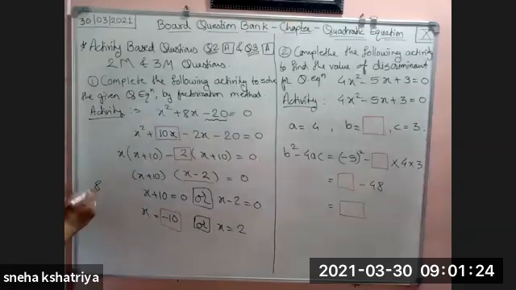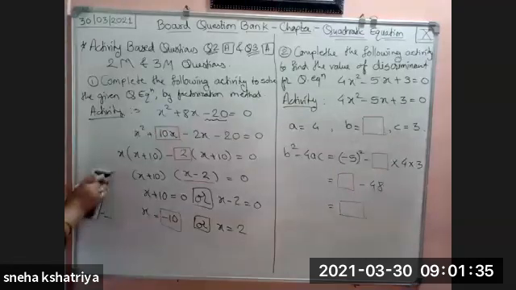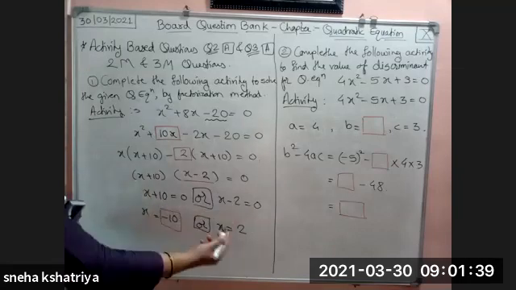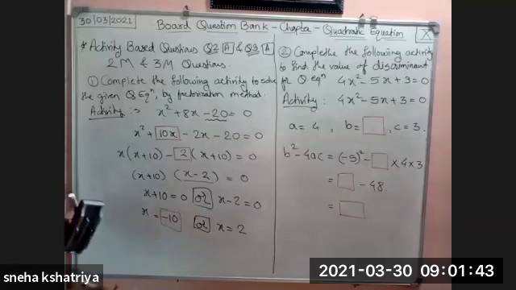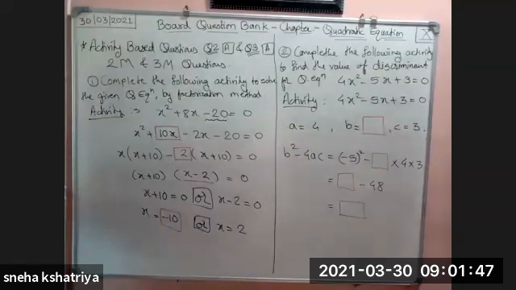The rough work I did here, 8 and −20, and like this 10 and 2, −2, should be done on the last page, not here. Only if you have steps to add in the answer for better understanding, then you can add them. Okay, so this is how you are going to fill the activity.